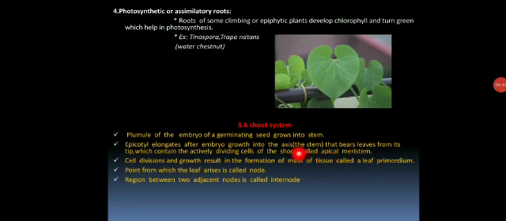Next topic is shoot. First of all, what is a shoot or shoot system? A seed contains two major portions: one is called the radicle and the other is called the plumule.